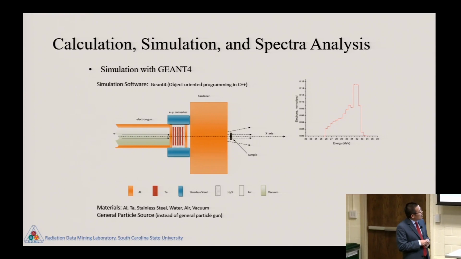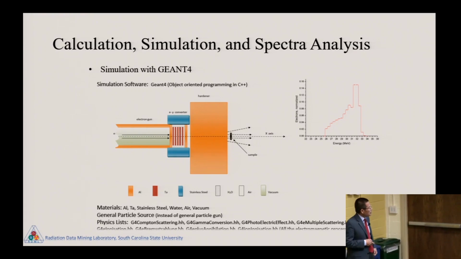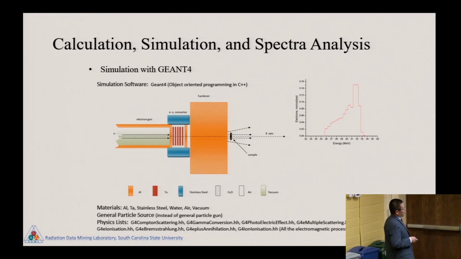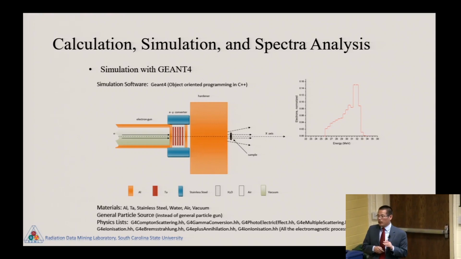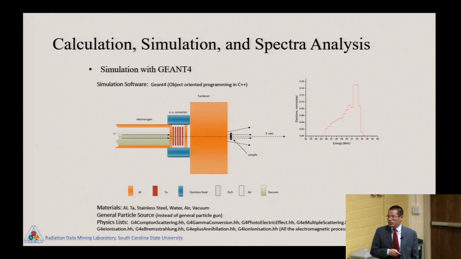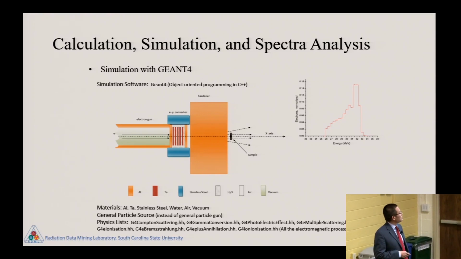For this one, most of them are concentrated around 32 MeV, with some lower. The physics list includes Compton scattering, gamma conversion, photoelectric effect, multiple scattering, annihilation, et cetera. So basically, all the electromagnetic processes are included.